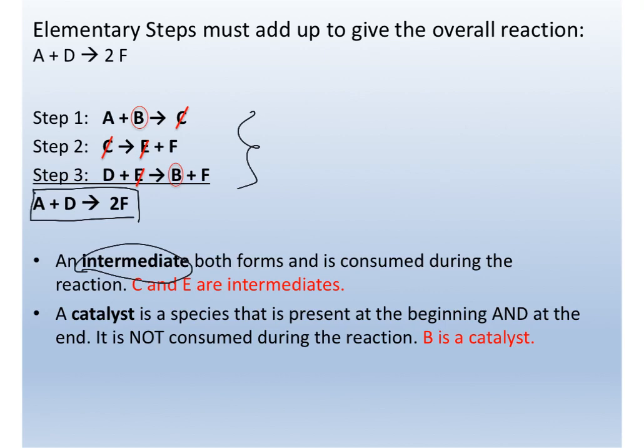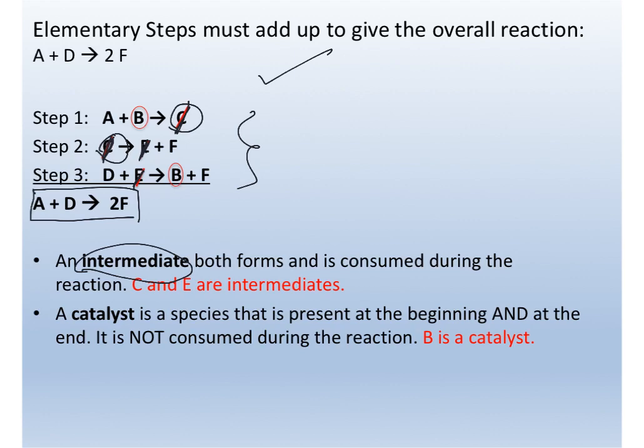So it does not show up in the beginning or the end, does not show up as reactants or final products. So if you look at the elementary steps, C is an intermediate, okay? It's created in the middle of the reaction and then consumed in the middle of the reaction. Same with E. It's created during the reaction and consumed during the reaction. So you need to be able to identify intermediates.